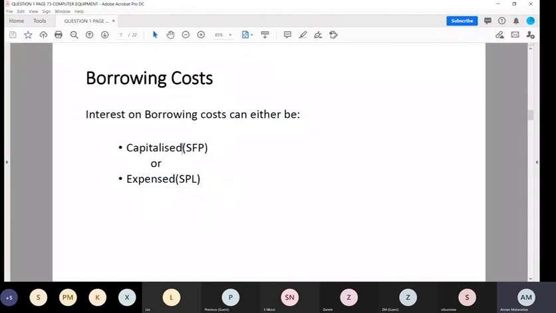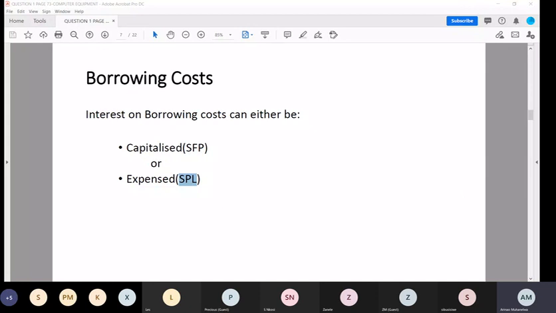If you capitalize it, then whatever value of the asset that you're building, you're going to include that 10 million. In other words, it will form part and parcel of the asset. Hence, I indicated that it will be disclosed under the statement of financial position. That is capitalization. You can decide to expense that 10 million. Then it will go to the statement of profit and loss.